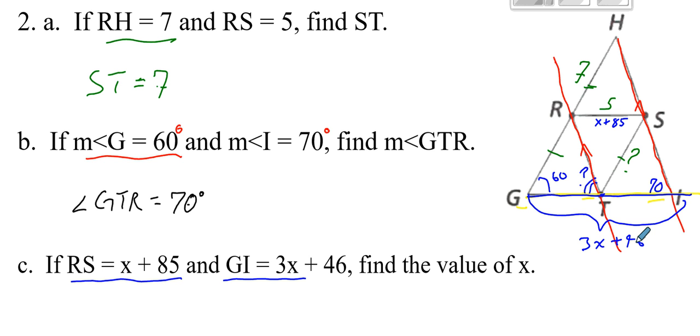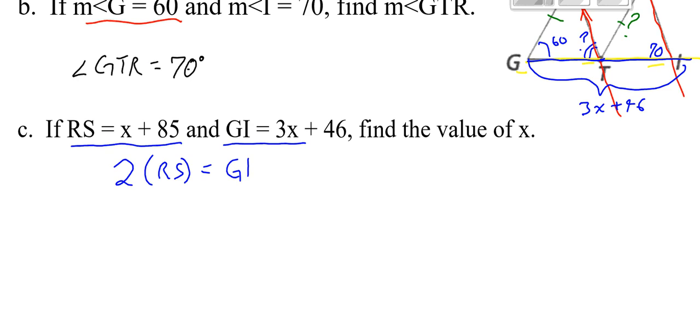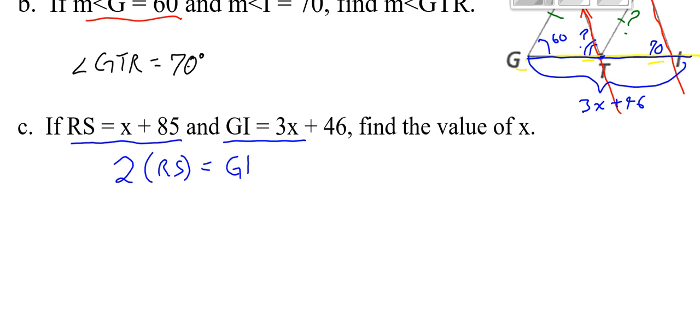I can do 2 times my mid-segment, RS, is equal to GI. So by the substitution property, I'm going to substitute in what I know for RS and GI. So 2 times RS, which is represented by x plus 85, equals GI, which is 3x plus 46.